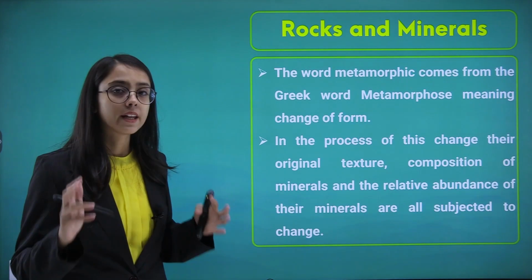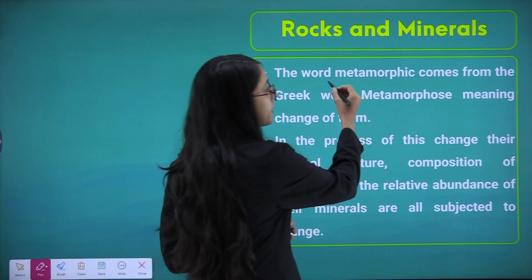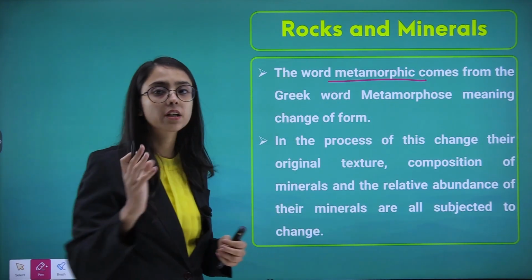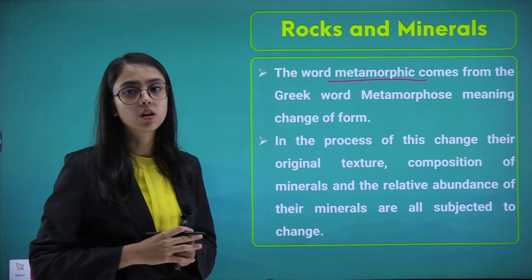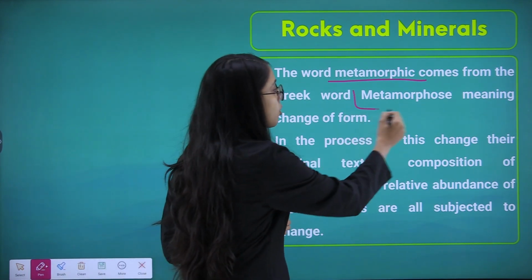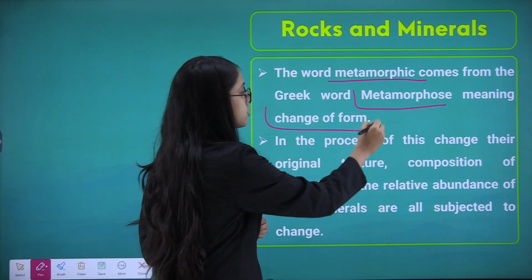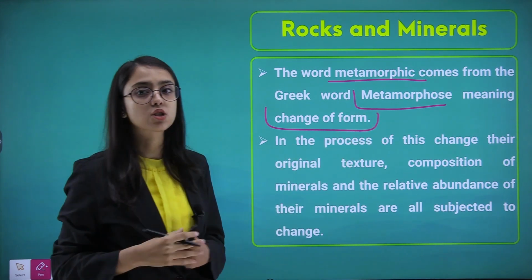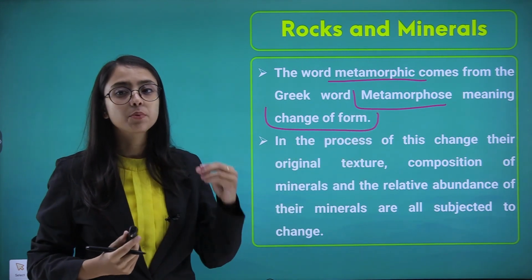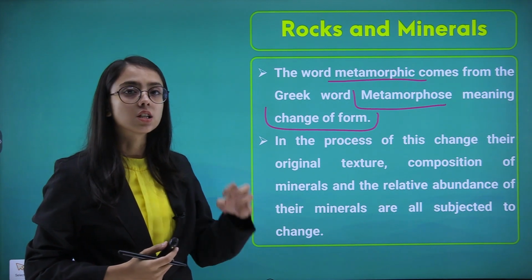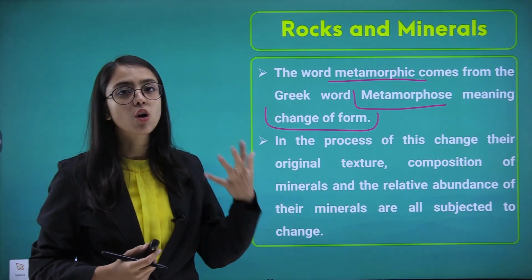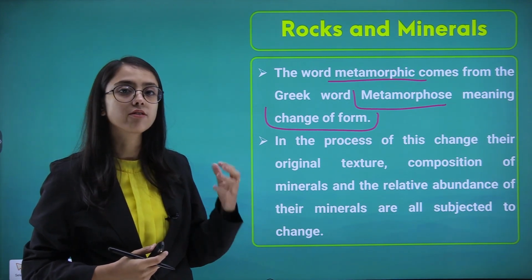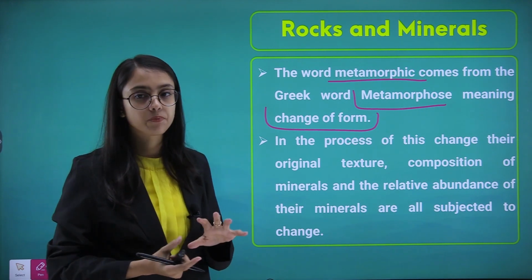Next, we are going to talk about metamorphic rocks. The word metamorphic comes from a Greek word which means metamorphs, and that refers to the change of form or transformation of form. This is a process in which the original composition and texture of rocks change.